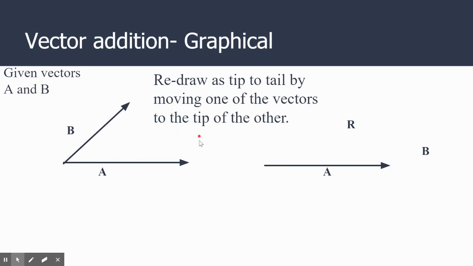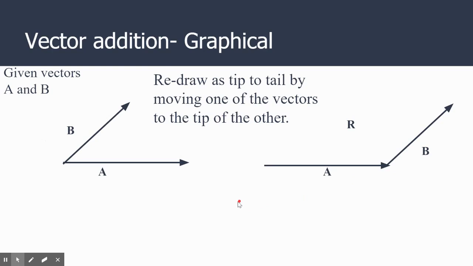So if we want to go tip to tail, we take the tip of vector A and the tail of vector B, and we add them together. You see that? So we redraw A, and then we move vector B so that the tail of it is at the tip of A. And that's the tip to tail method.